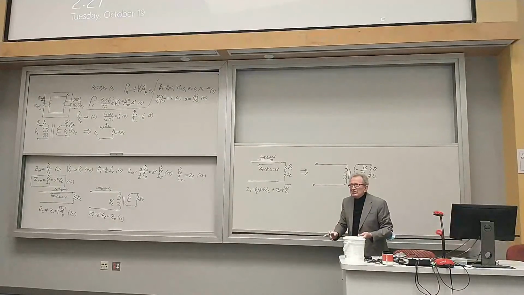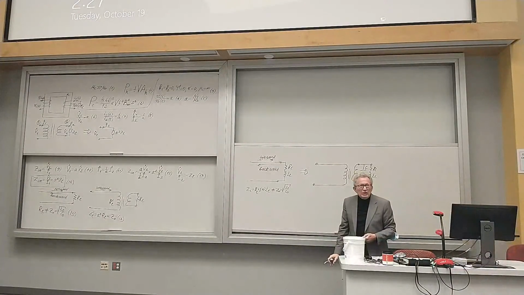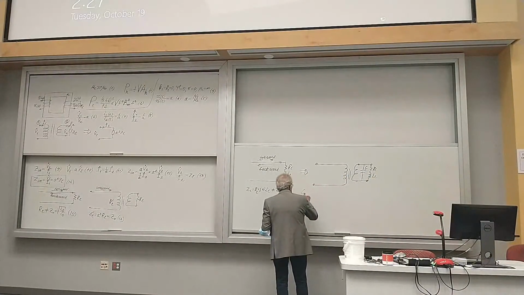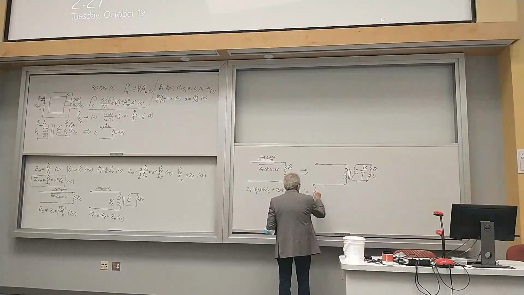That's what we did in the case of adjustment of power factor. And at that time I derived that this capacitance should be equal, if my memory serves me, to this formula.